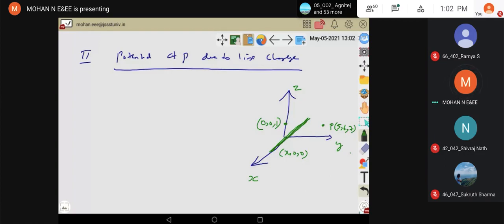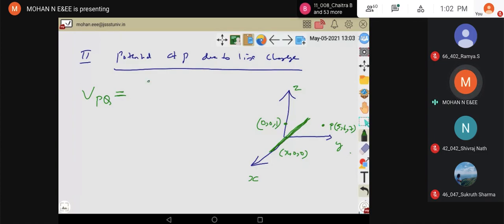So VPQ. I have an expression for the potential difference between 2 points in an electric field due to an infinite line charge, which we discussed in the last class.